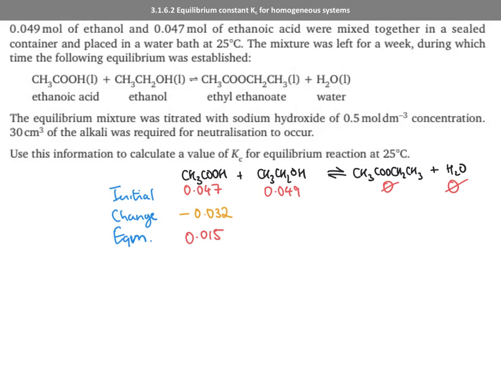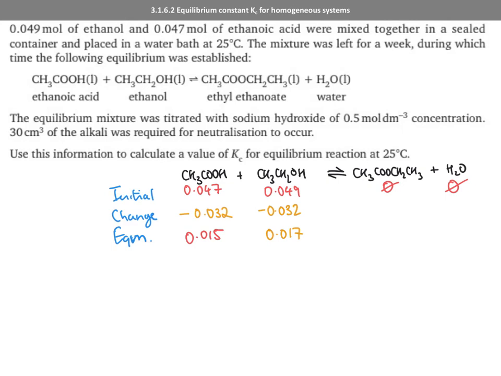The rest now is quite generous to us in that the molar ratio for everything is 1 to 1 to 1 to 1. So if we know the change is minus 0.032 for the ethanoic acid, it must also be that for the ethanol. That gives us the equilibrium moles of ethanol.